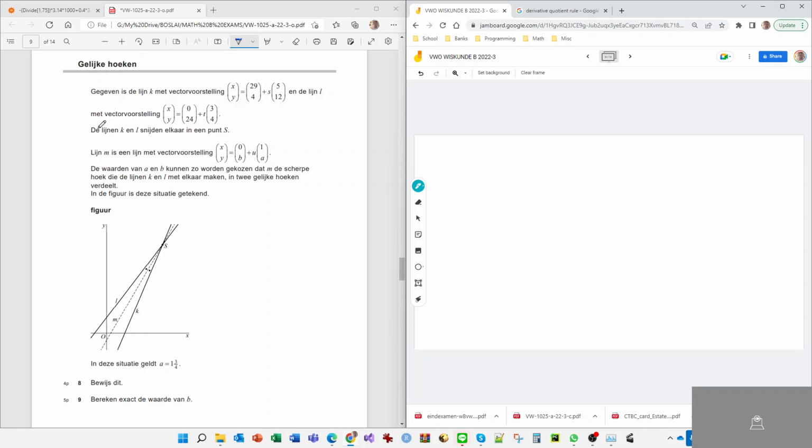Okay, these two lines intersect in a point S. Now we also have a line M given here. We can choose A and B such that M cuts the angle of lines K and L in half. And in this situation, A is 1/3/4.